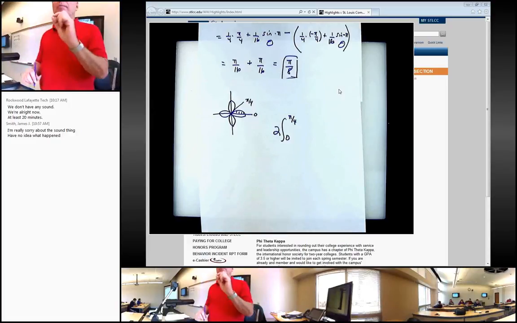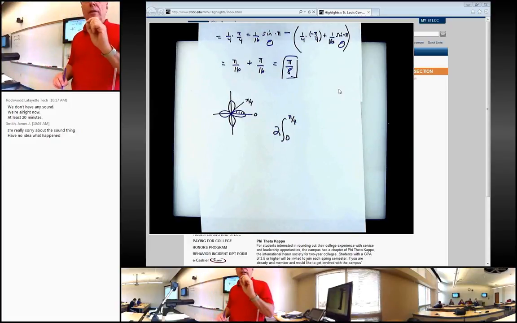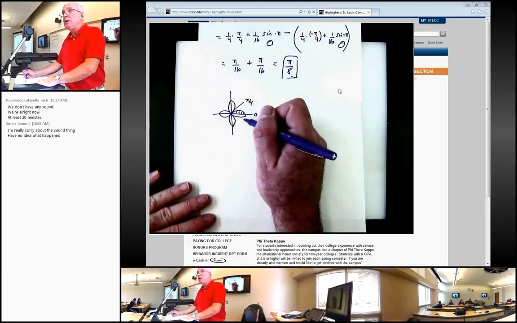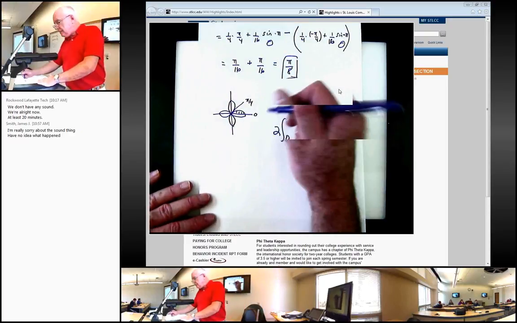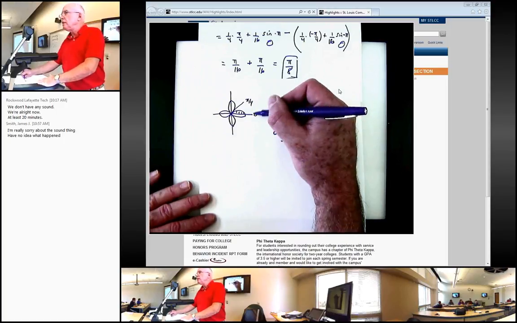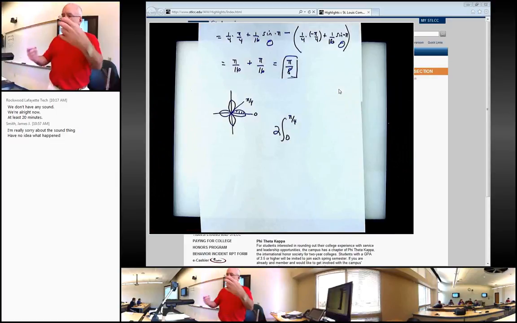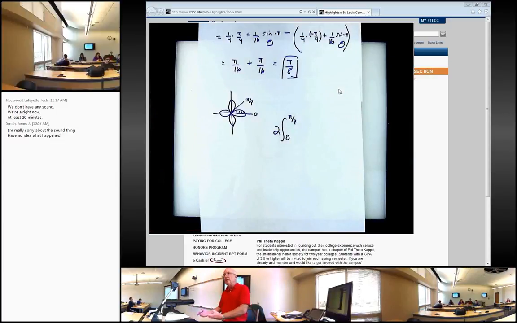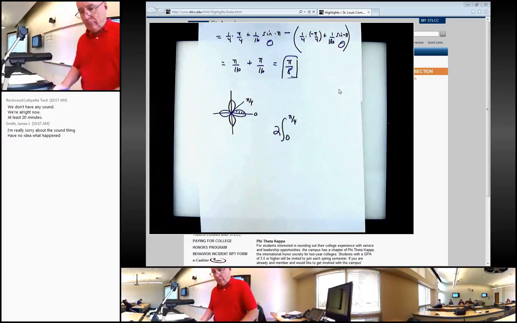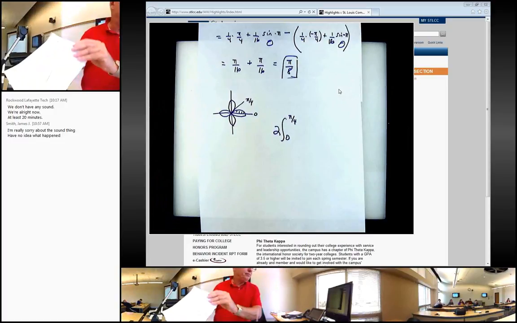You can make life easier for yourself a lot of times if you recognize the symmetry, so that it's easier to use 0 than it is to use pi over 4 as a limit of integration. That's all I'm saying. You can certainly get the correct answer the other way. It's just a little bit easier if you recognize the symmetry you have here. Okay.